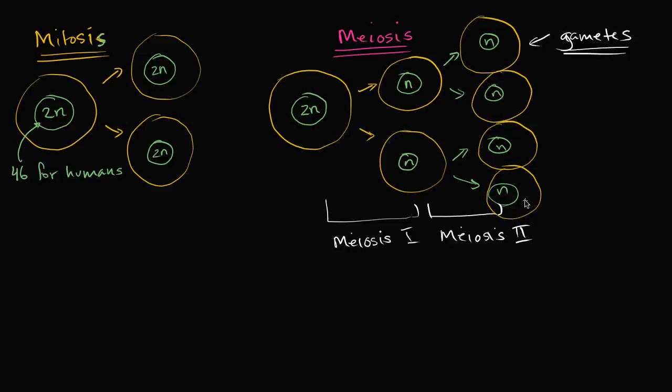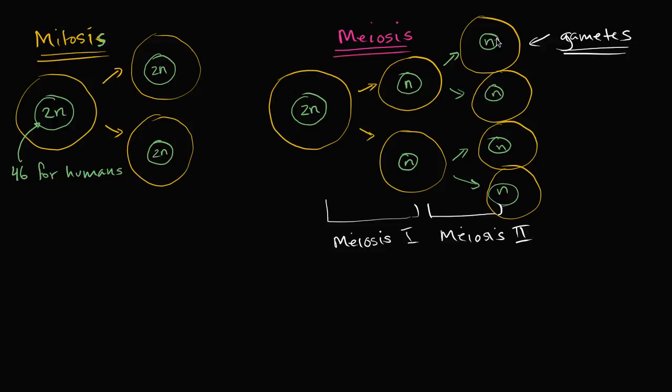If you are a tree, this could be pollen, or it could be an ovule. So these are used for fertilization. These will fuse together in sexual reproduction to get to a fertilized egg, which then can undergo mitosis to create an entirely new organism. So not a cycle here.